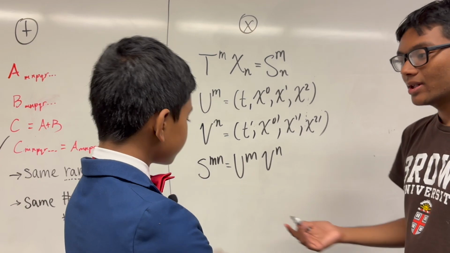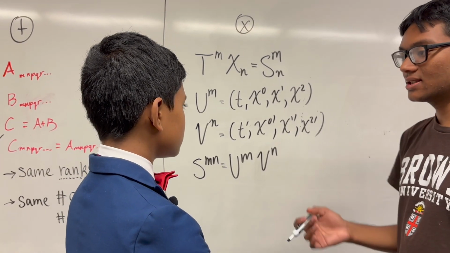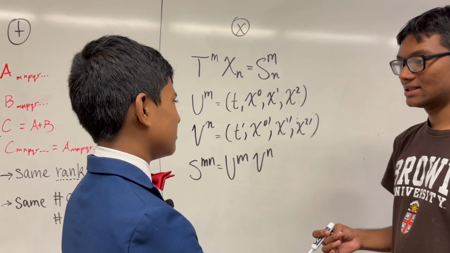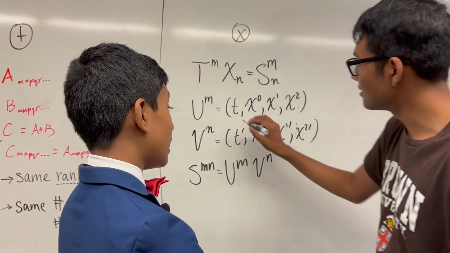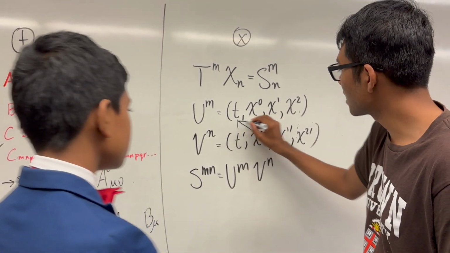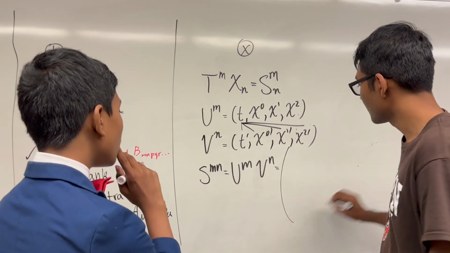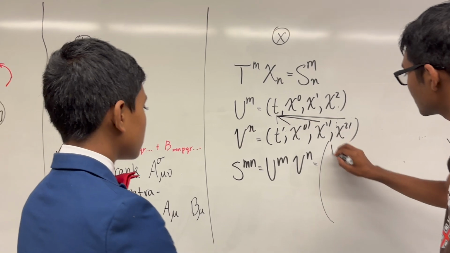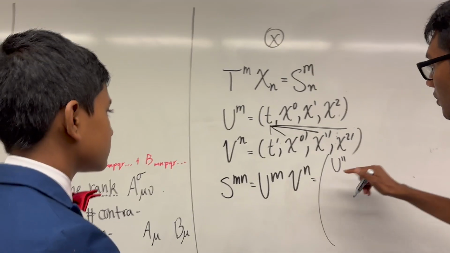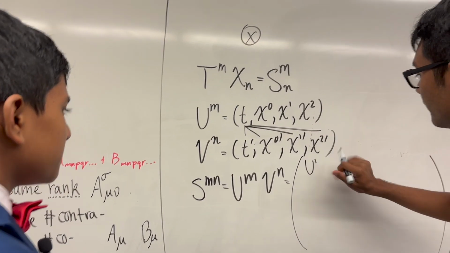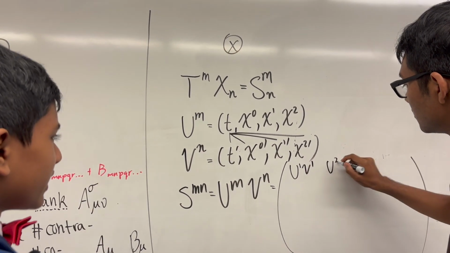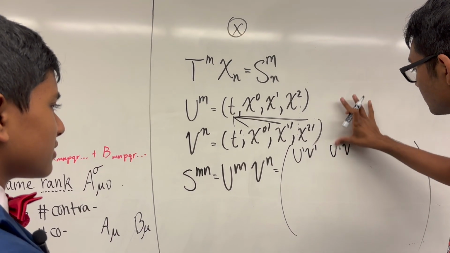Okay, keeping it simple. Each component is just the product of the individual components. So first you might say, how many components are there? You want to take a guess? Let me think. 8? There's actually 16. So 1 for each combination of product you can have. That's right. So the first term would be U1 V1. But that means that multiplying 2 vectors gives us a matrix?